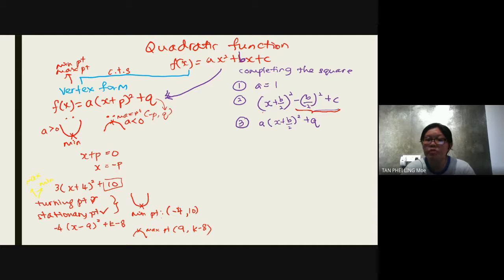But remember, our purpose of doing completing the square is to make it into a vertex form, then only it can tell us all this information. Then it can tell us to find the turning points. Then it enables us to sketch the graph. So that's the purpose of completing the square. So there's no point for us to expand it back. Do you understand now? Okay, I will give you an example here. Can we proceed with the example? Then you will understand better.